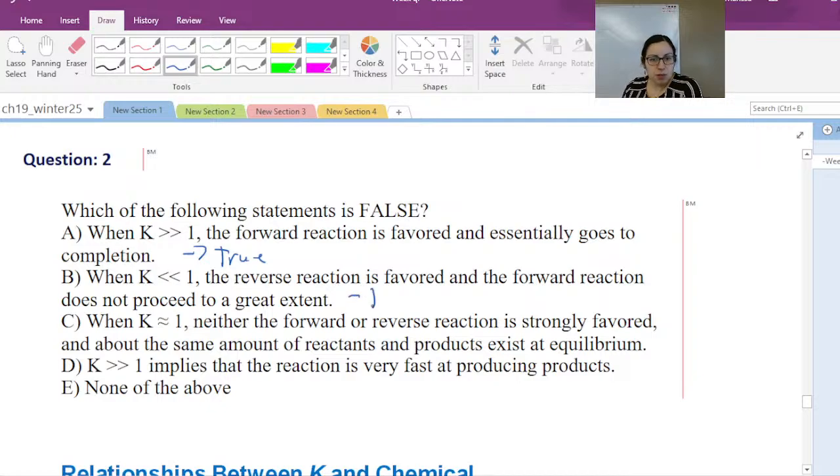So still true. C: K is about 1. Neither the forward or reverse reaction is strongly favored, and about the same reactants and products exist at equilibrium. I see some nods, so that's true. And then D: K is much, much greater than 1 implies that the reaction is fast at producing products.